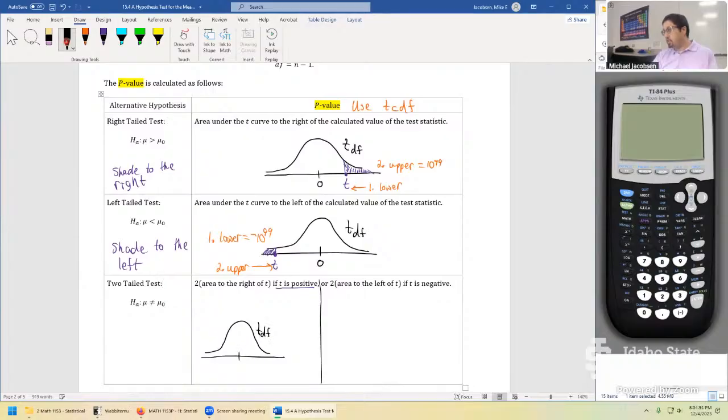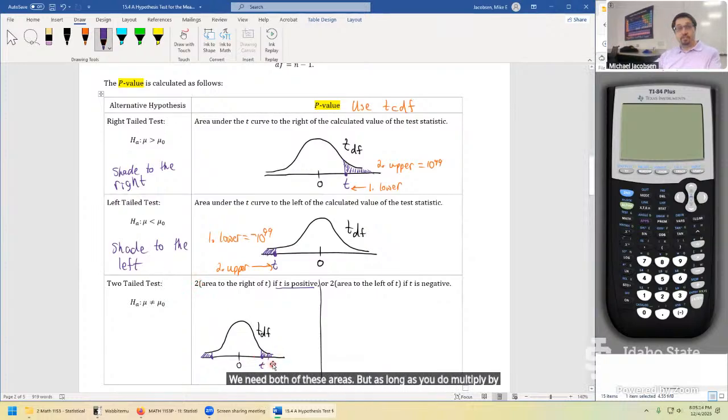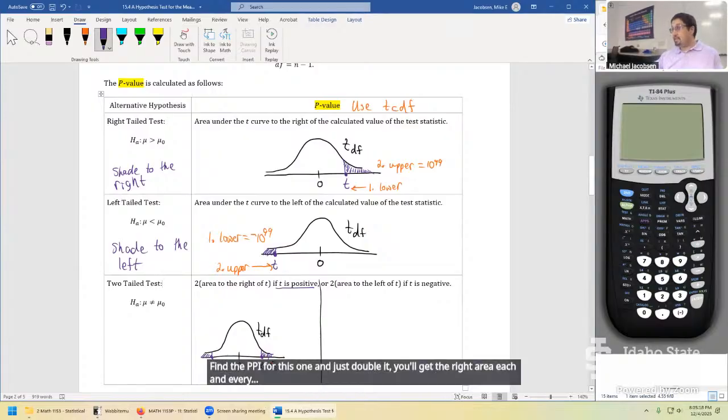T distribution. Let's put t here. We're shading to the right, but because it's a two-tailed test, there's also shading to the left at the same exact time. We need both of these areas. But as long as you multiply by 2, find the p-value for this one and just double it, you'll get the right area each and every time.